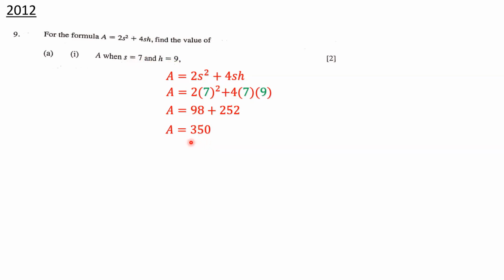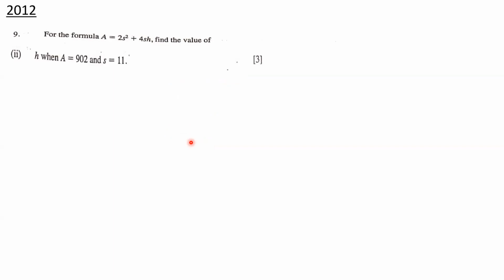Moving right along, let's go on to the next question. We have for the formula, A is equal to 2S squared plus 4SH. Find the value of H when A is equal to 902 and S is equal to 11. So let's substitute. Wherever we see A, we're going to put 902.